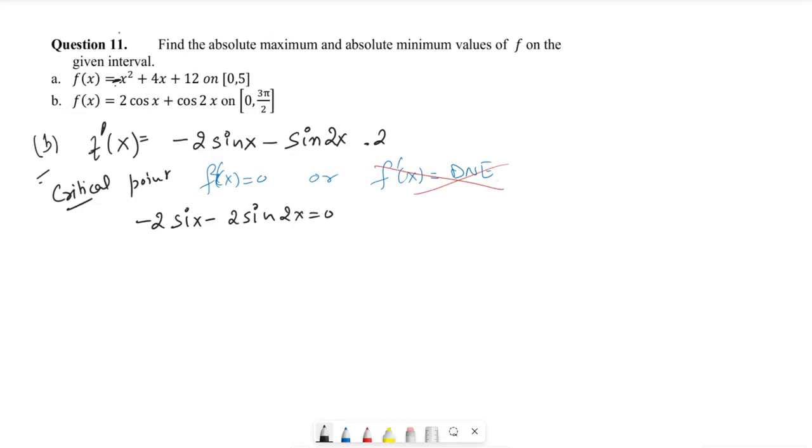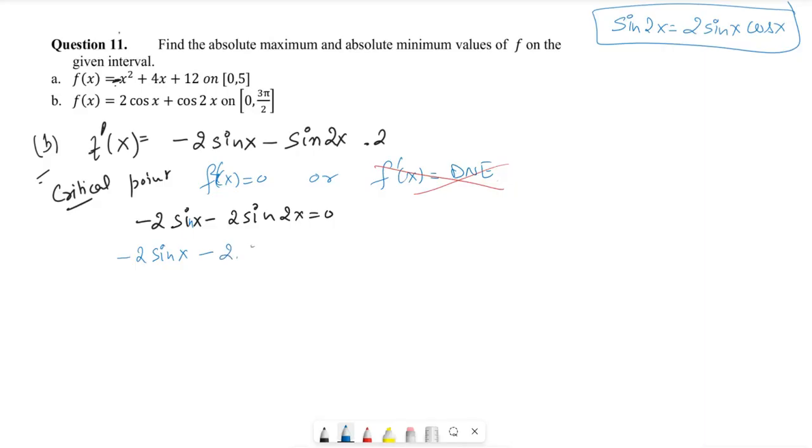We know from trig that sine 2x is equal to 2 sine x cosine x. That's the double angle formula. We are going to use that. Negative 2 sine x minus 2 sine x cosine x equal to 0.